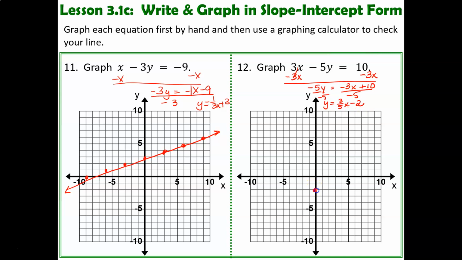So let's start at negative 2 on the y. I'm going to go up 3 over 5. Now I'm going to go down 3, left 5, down 3, left 5. All right, that's it for this section.